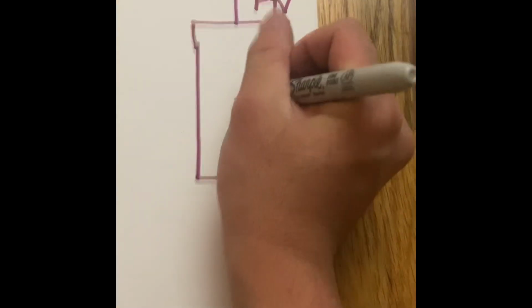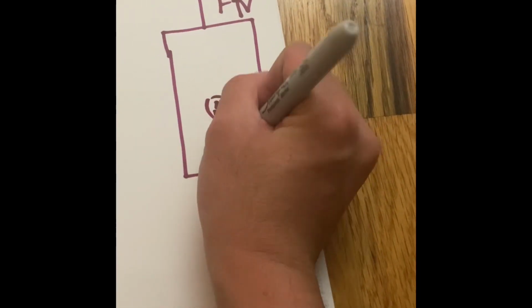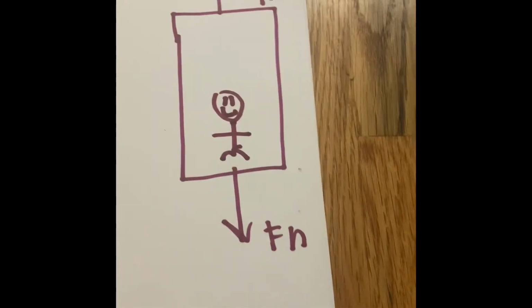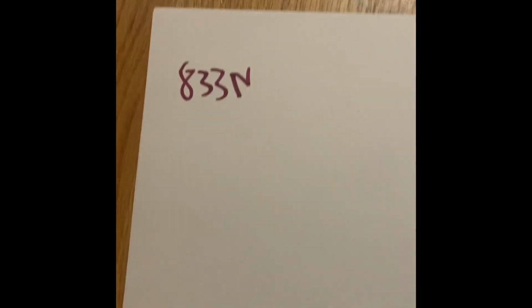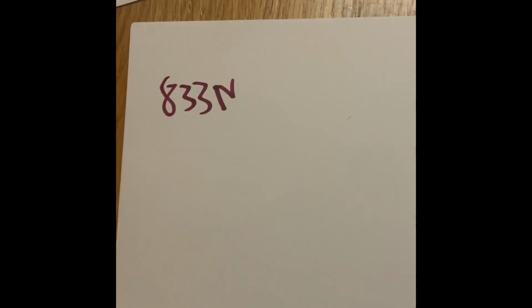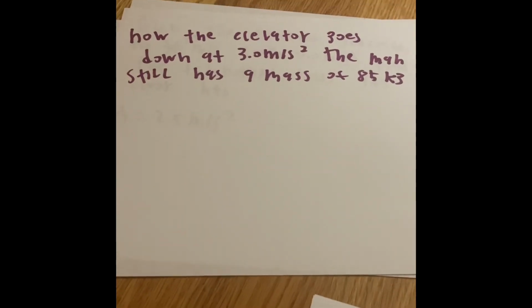So the man is going to get in the elevator once again, but this time he's going to feel a little bit different. He's going to go down a few floors. So we know the man is 833 newtons, but we still have to calculate the addition from the elevator jerking from 0 to 3 meters per second squared.